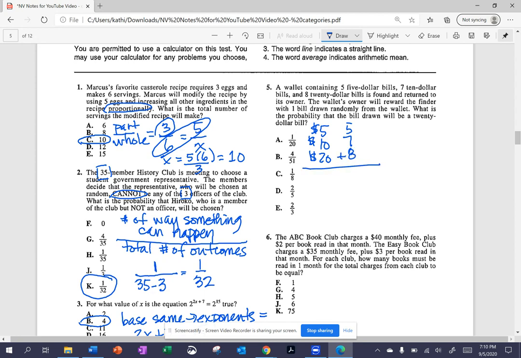So if I add all of these, I have 20 bills in the wallet. So the probability, if he draws a 20, I have 8 chances of drawing a 20 over a total of 20. If I simplify my fraction, this is 2 divided by 5.